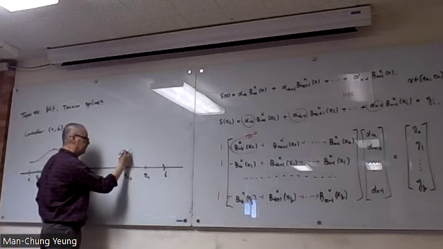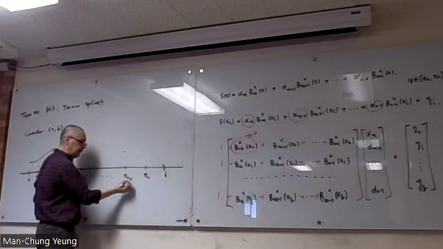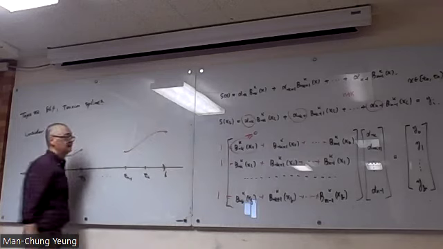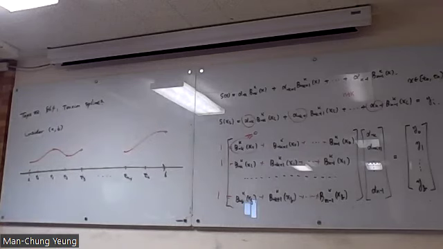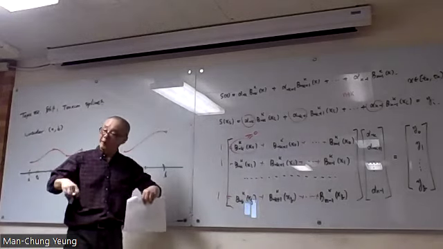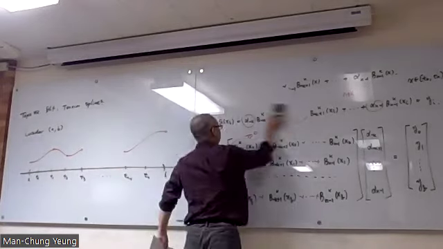Here, t_{n-1} to b, some function. Now, for the tension spline, we want to find a function that has the following properties.